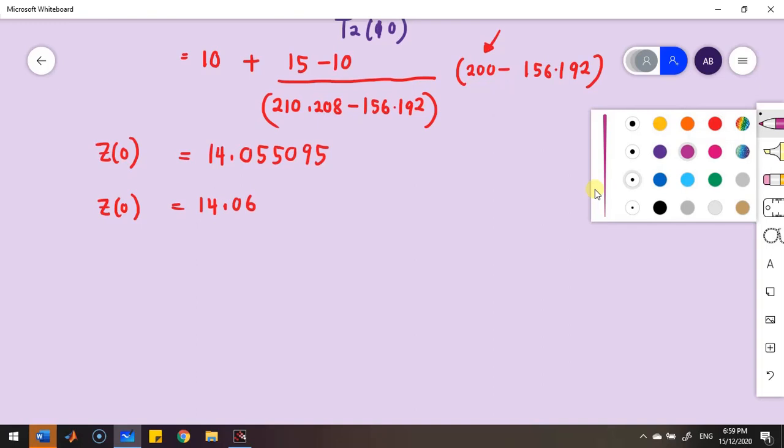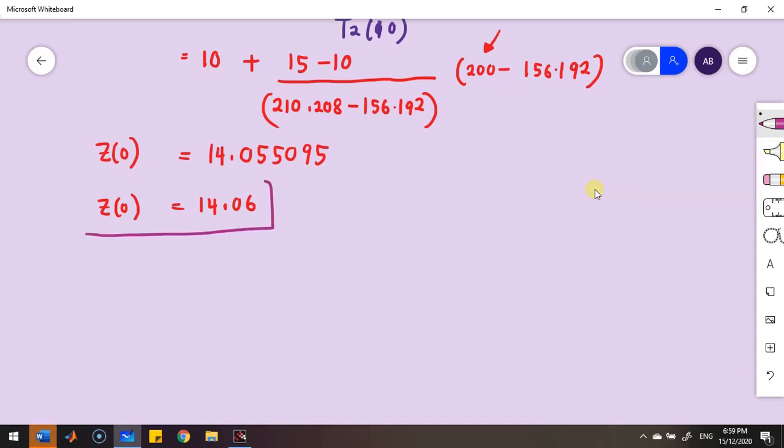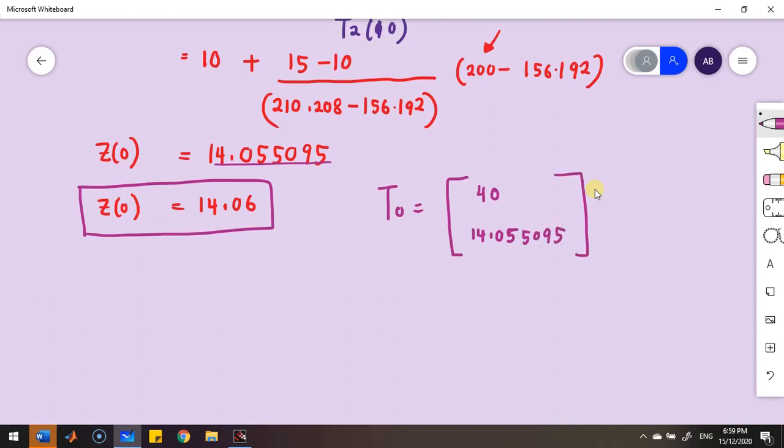Now let's use this one and use the Euler method again for 5 iterations. So my T naught now is 40 and 14.06, or maybe I use the whole thing, 14.055095. Now, why do I want to use the whole thing? Because I want it to be very, very accurate.